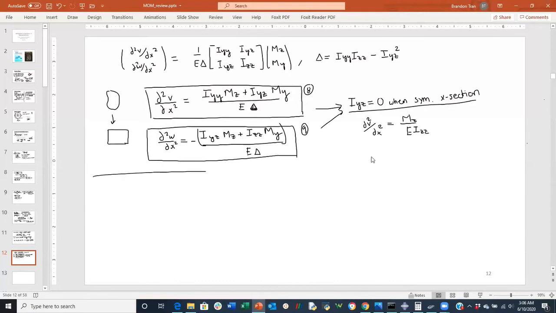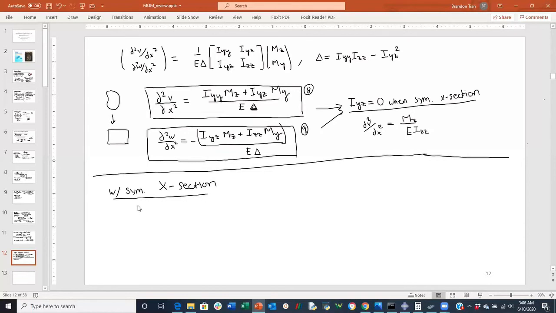So if I take advantage of this, with symmetric cross-sections, we're able to boil down the following relationships.